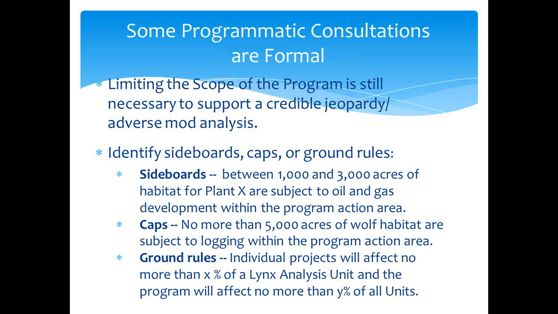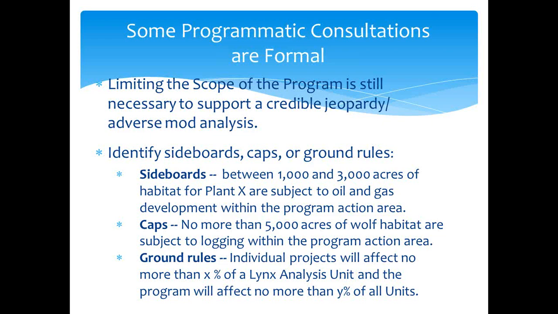So you need to narrow the scope somehow, limit it, define sideboards, define caps, set some ground rules, something that's going to put some bounds on the analysis that we will do in the biological opinion to support a jeopardy, no jeopardy, or a no adverse modification determination.